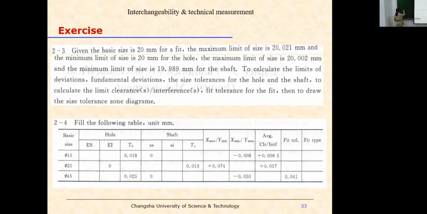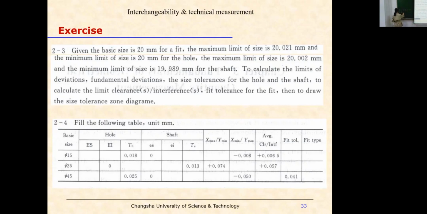So the ES is the upper deviation, EI is the lower deviation, and D max is the maximum limit of the size of the hole, and D min is the minimum. And the basic size is D, right?